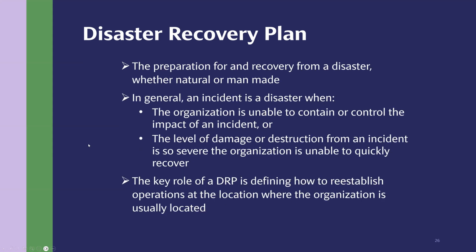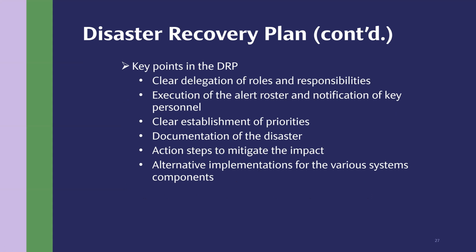Okay. So the key points in DRP are clear delegation of roles and responsibilities. Everyone should know their roles and responsibilities during this disaster. Someone must take the initiative, alert the alert roster, and notify the key personnel who are involved during this disaster.